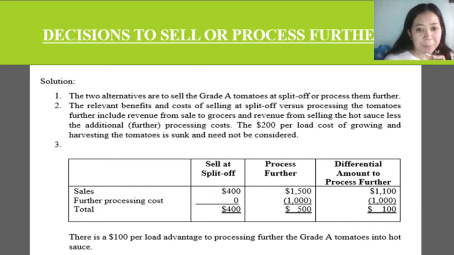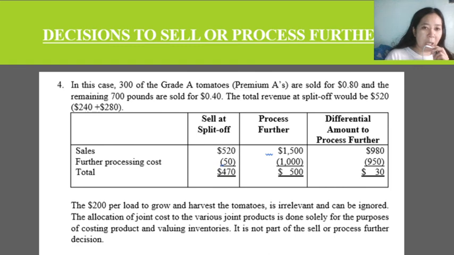So, in this case, it is better for the company to process the grade A tomatoes further into hot sauce because it will increase their profit by $500. Okay, so that's the analysis. So it is better for the company to process the tomatoes into hot sauce so that the company will increase its profit. How about in number 4?